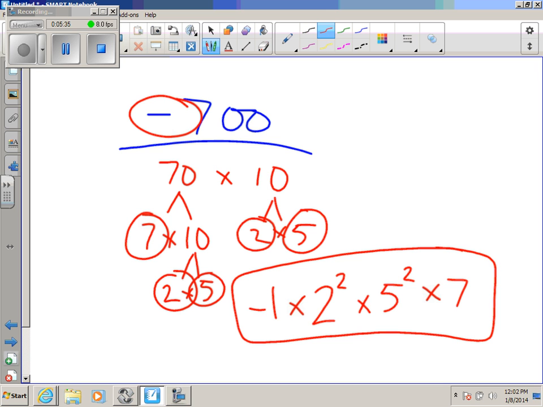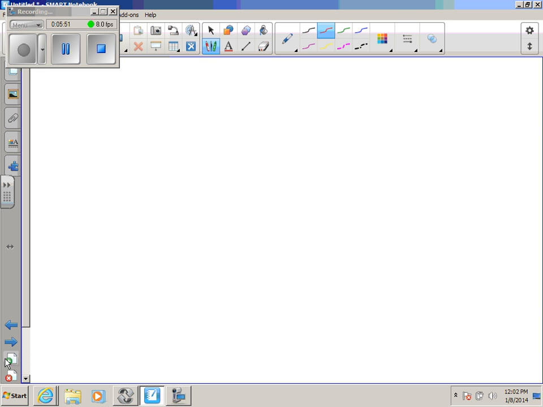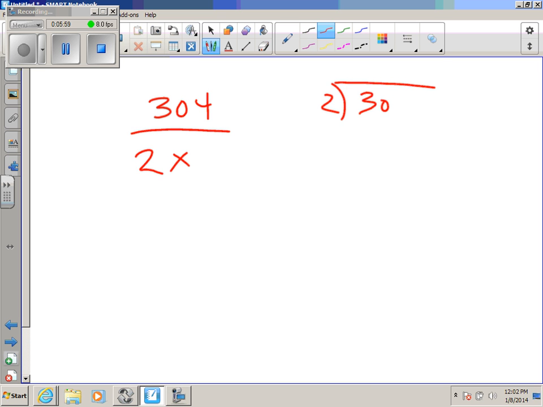Okay? Like which one? Yeah, 304 is divisible by 2. Now, where do you go from there? If I'm looking at my assignment and I'm looking at 304 and I know it's divisible by 2, I just don't know what, then by all means you may have to just find out. Okay? Staring at it isn't going to do anything.